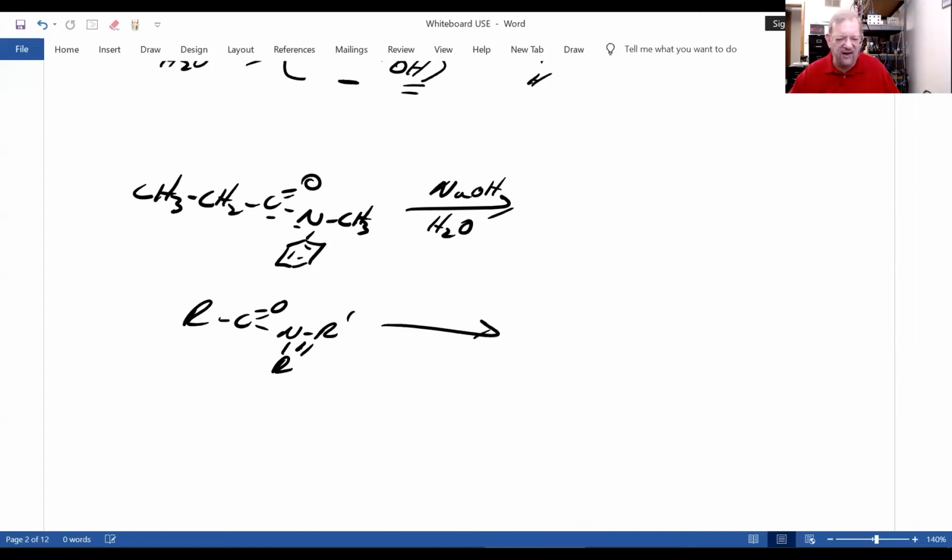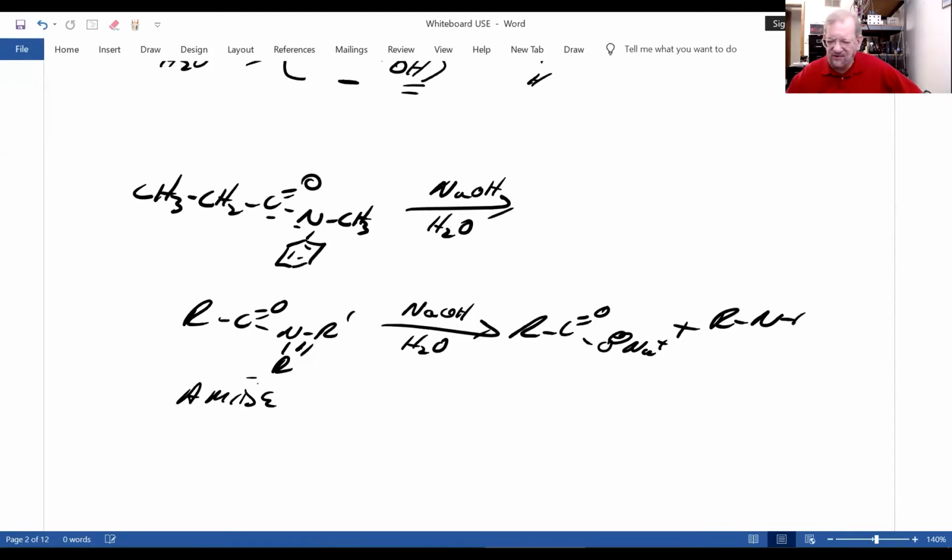And when you react that with base and water, sodium hydroxide is a base, you get back the carboxylate anion of the carboxylic acid you would have used to make that amide, plus the amine you would have used to make that amide, and our prime and our double prime can be hydrogen. In this case, they're not.